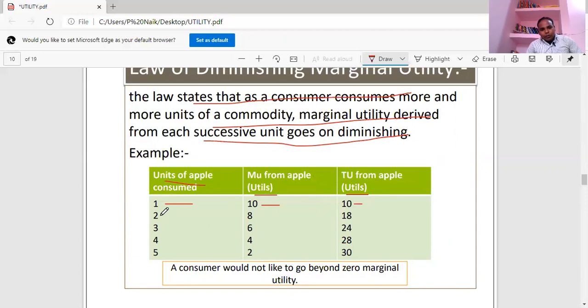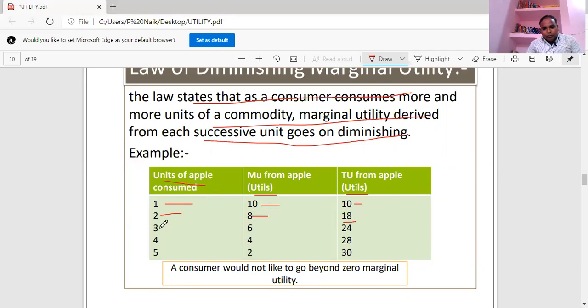If we are consuming 2 units of Apple, then we are getting 8 utils of marginal utility, and total utility is 10 plus 8, which means 18.